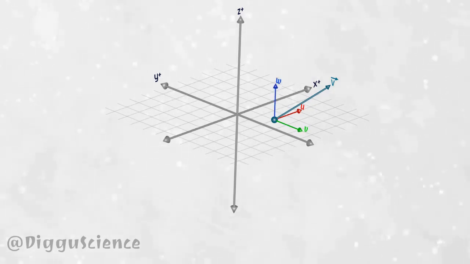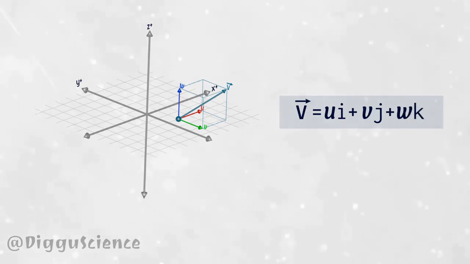And the velocity component on the z-axis is w. Thus the vector v can be written as u i hat plus v j hat plus w k hat, where u, v, and w are also functions of the four independent variables.